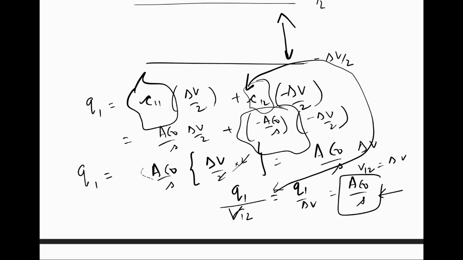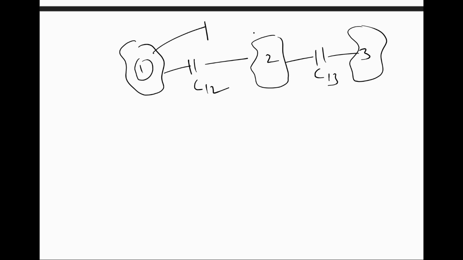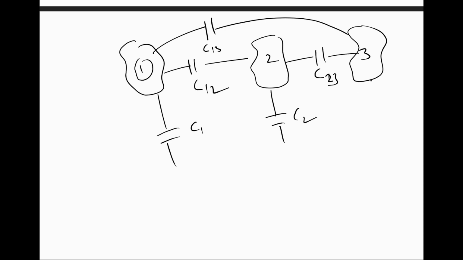So in this sense we can make a small picture in our mind. Let us say these are multiple conductors: this is conductor 1, this is 2, this is 3, with capacitances C12, C13, C23, and this is C1, this is C2, this is C3, and this is ground.